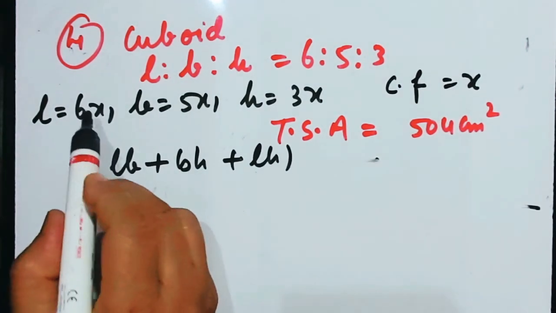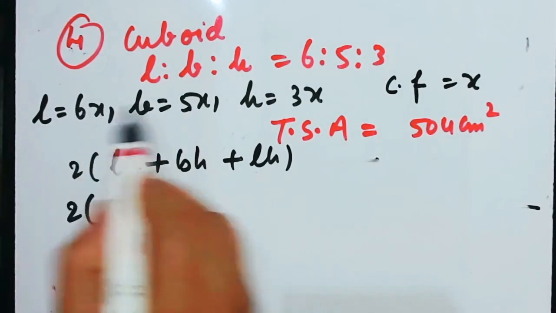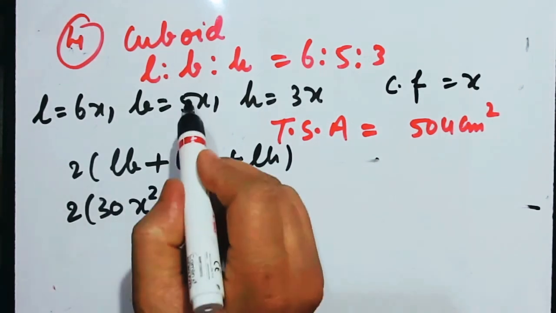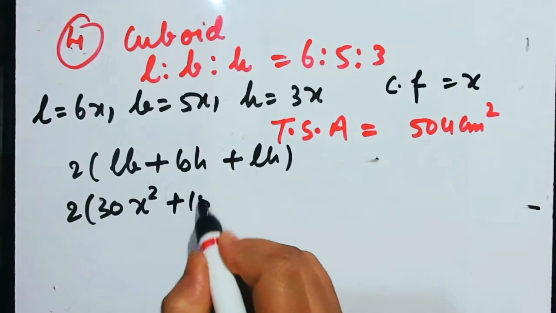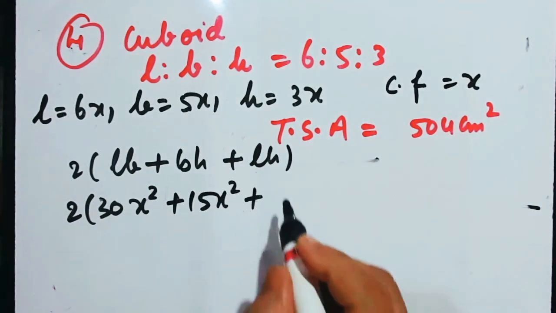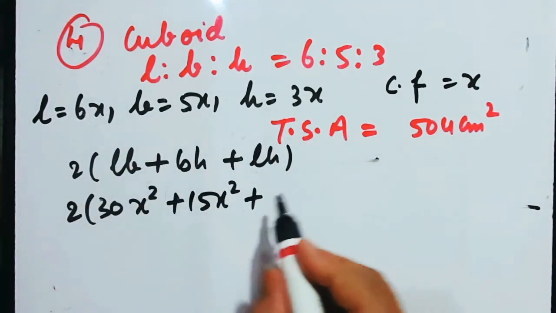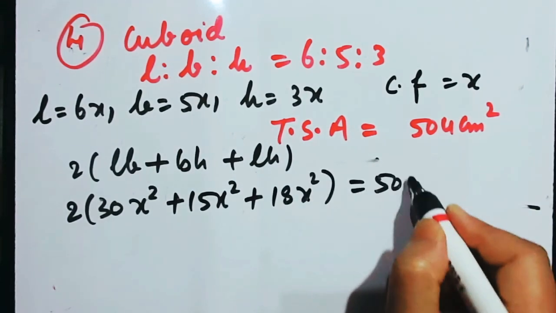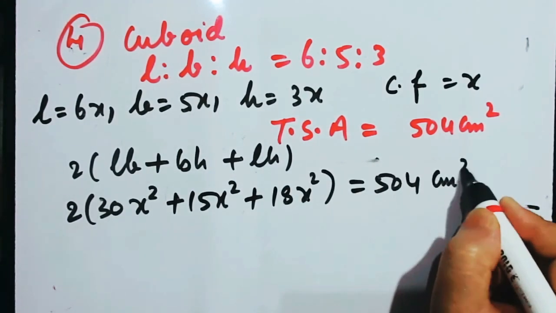So 2LB, have a look, L into B: 6 fives are 30x square. BH, that is 5 threes are 15x square. And LH, 6 into 3, 18x square, equal to 504 centimeter square.